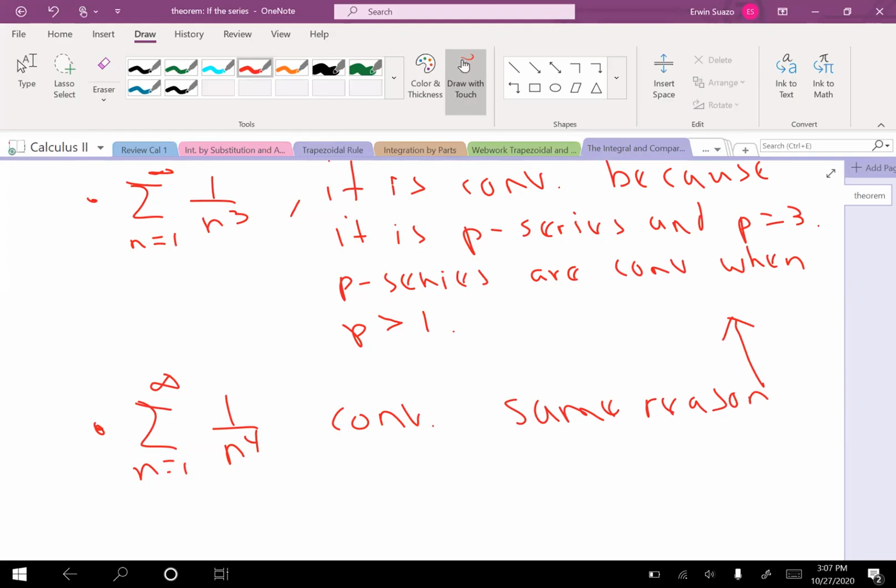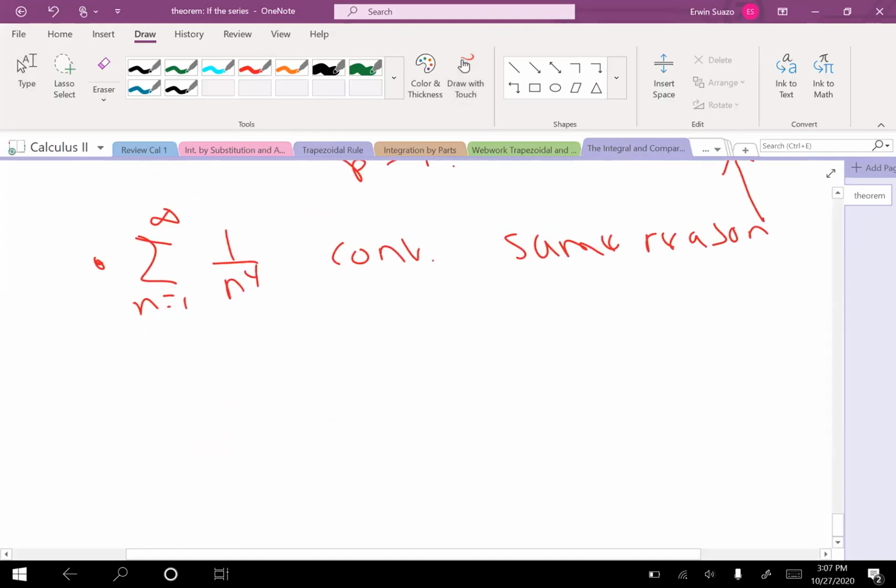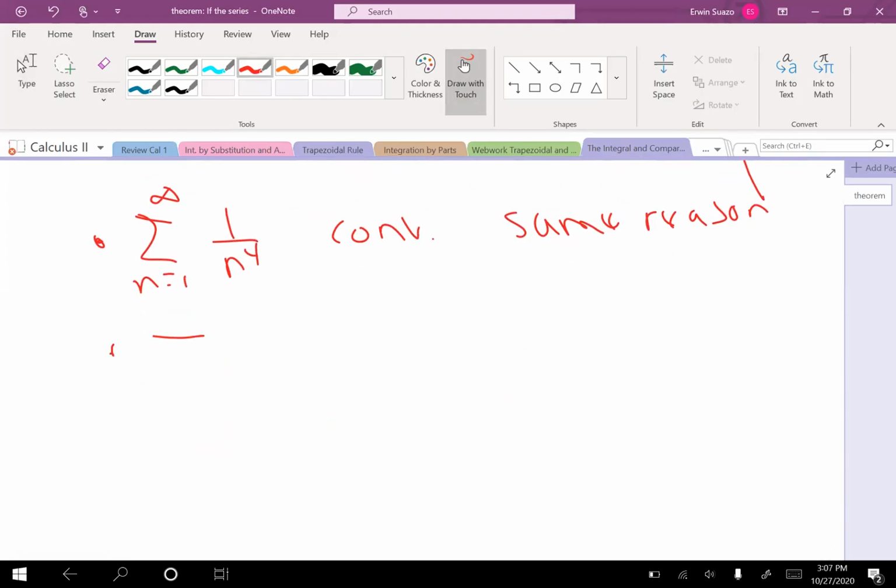Let me give you another one. The sum from n equals 1 to infinity of 1 over the square root of n. Is it convergent or divergent? Divergent. Why? Because 1/2 is less than 1.